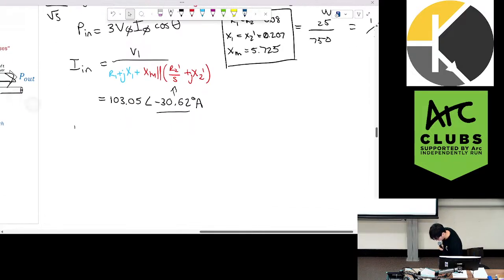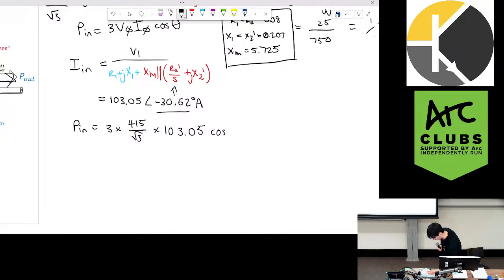So we have P in is 3 times 415 on root 3 times 103.05, and our angle will be voltage angle minus current angle, and this is simply 0 minus negative 30.62. So this is 30.62.